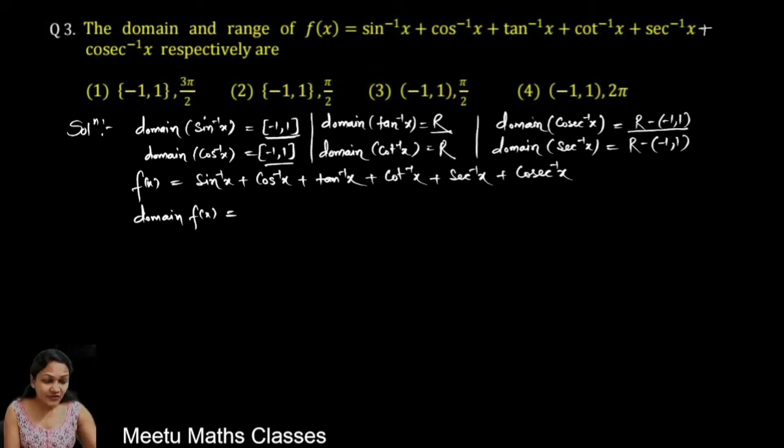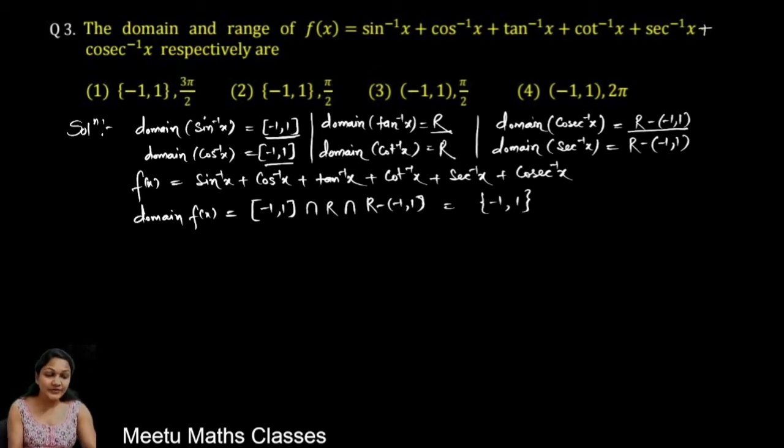The intersection of all these 3 intervals is only 2 points, minus 1 and 1.